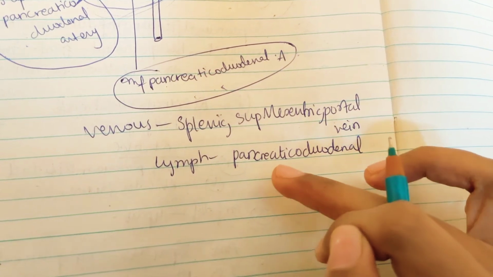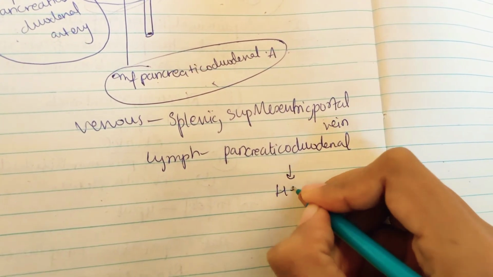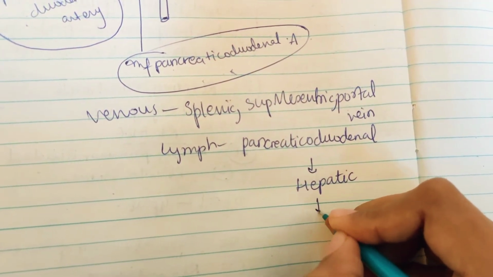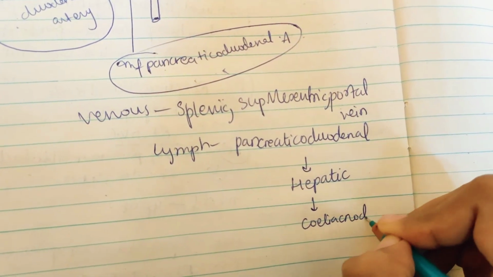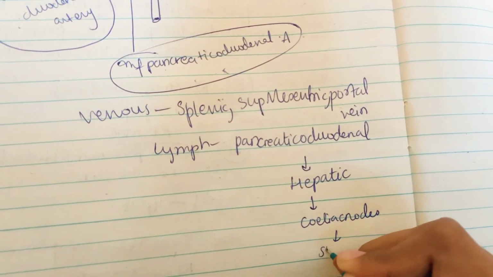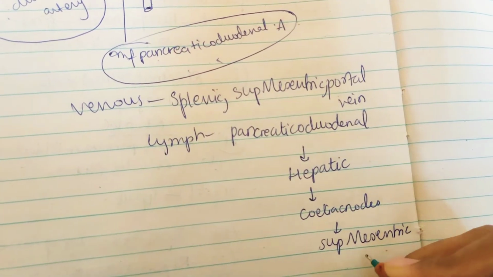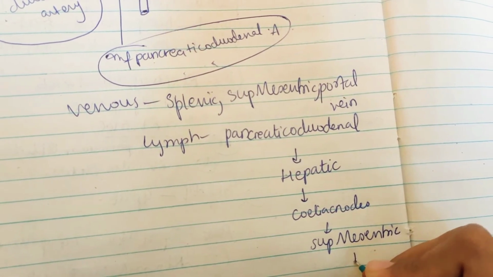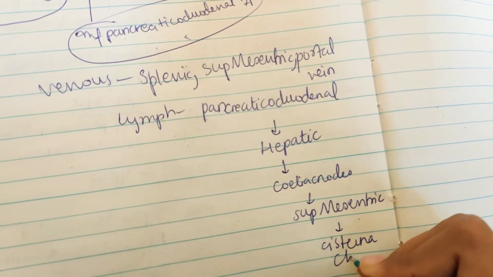From here lymph passes into hepatic nodes, and from there it will pass into celiac nodes and partly to superior mesenteric nodes. Okay, and ultimately via the intestinal lymph trunk into the cisterna chyli.